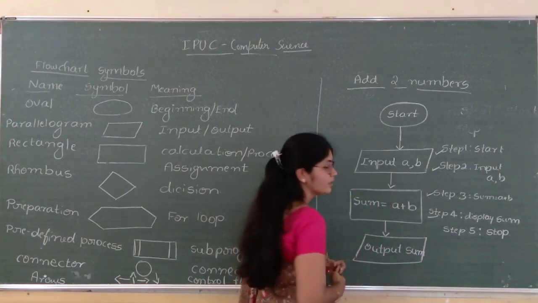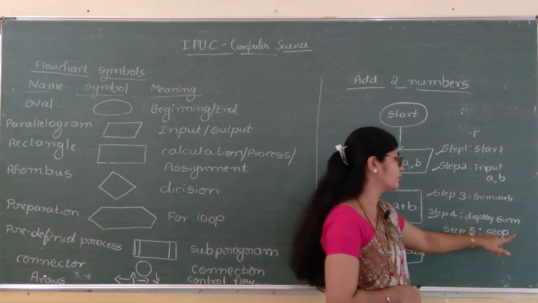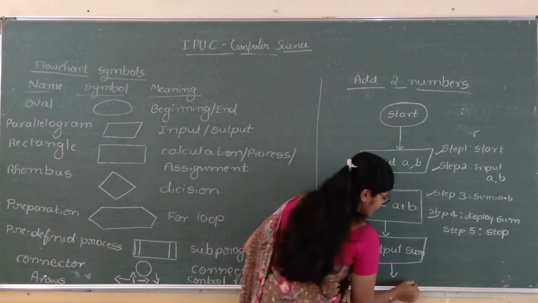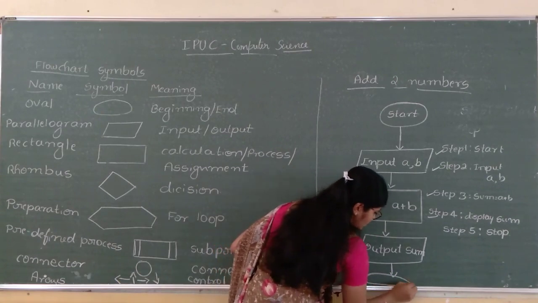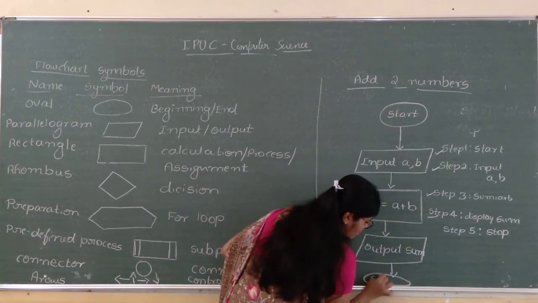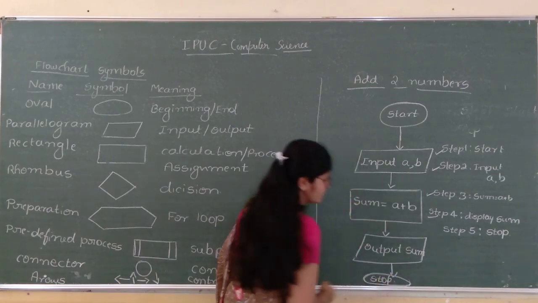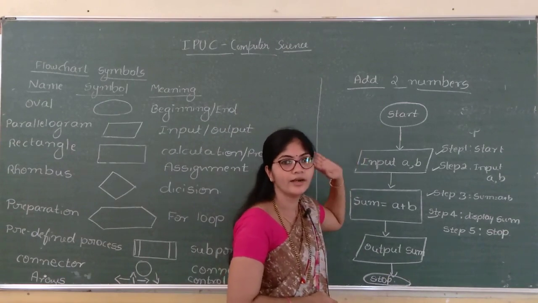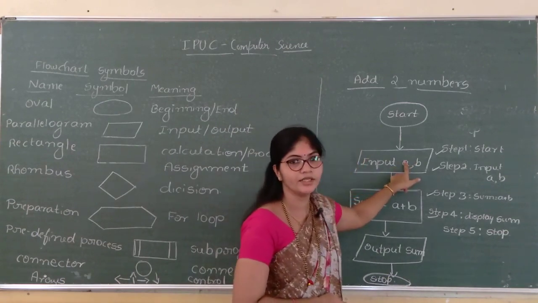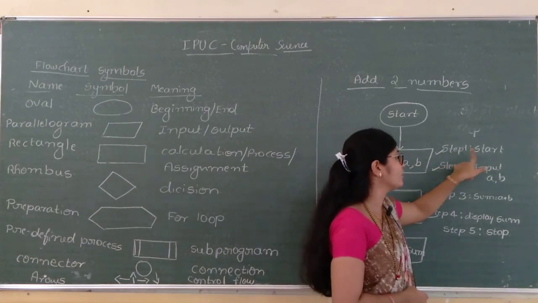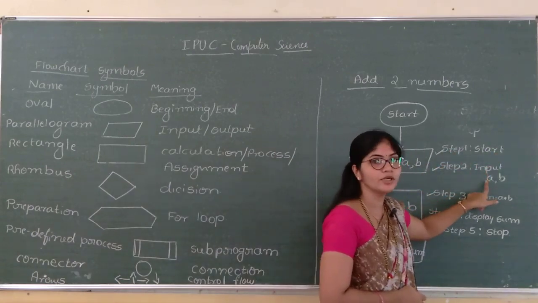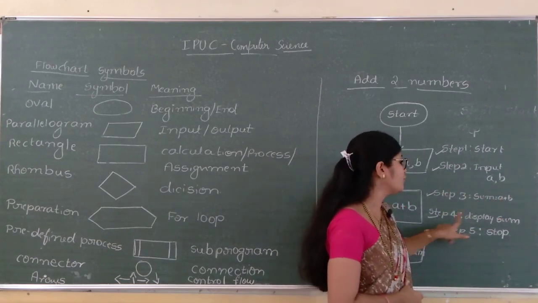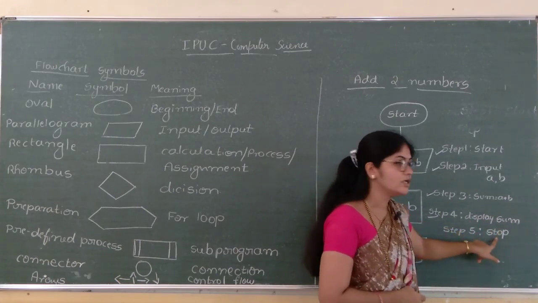And last step of an algorithm is stop. Symbol is oval. Stop. So, this is the flow chart to add two numbers. See, algorithm is step 1 start, step 2 input a comma b, step 3 sum is equal to a plus b, step 4 display sum, step 5 stop.